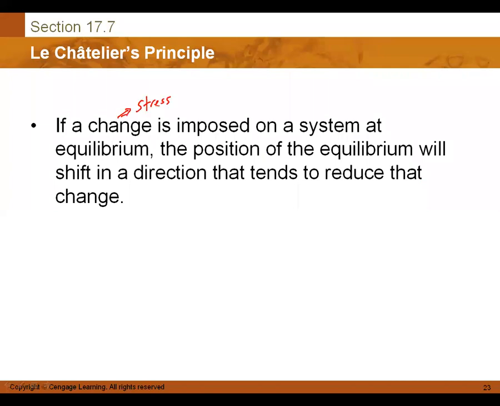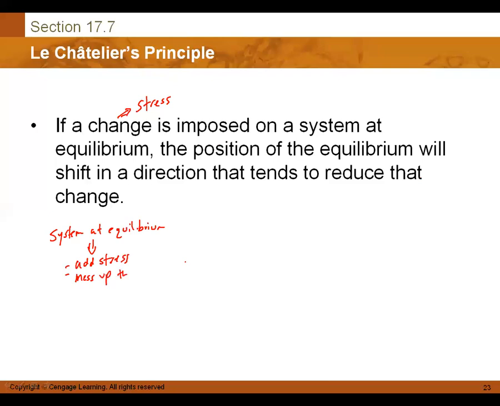So we have a system that's at equilibrium, and you add a stress to the system. And much like anything else, it stresses it out. It messes up the equilibrium. So you add the stress, and, for lack of a scientific word, it messes up the equilibrium.